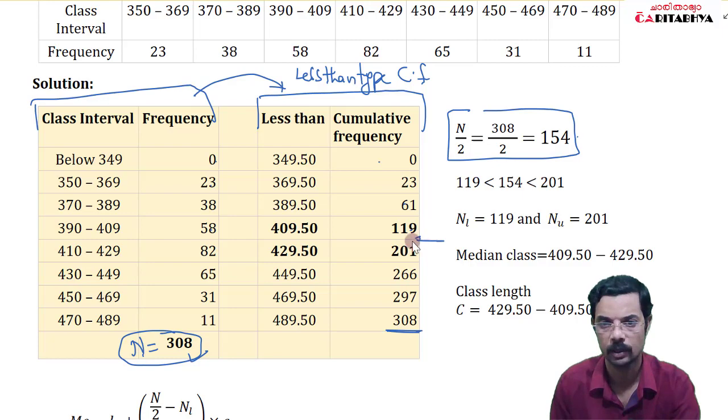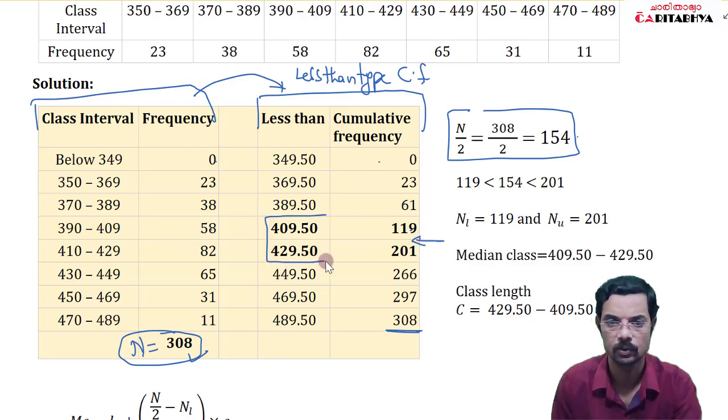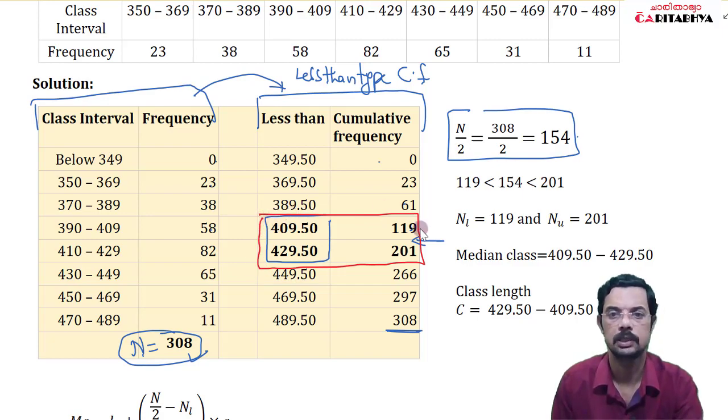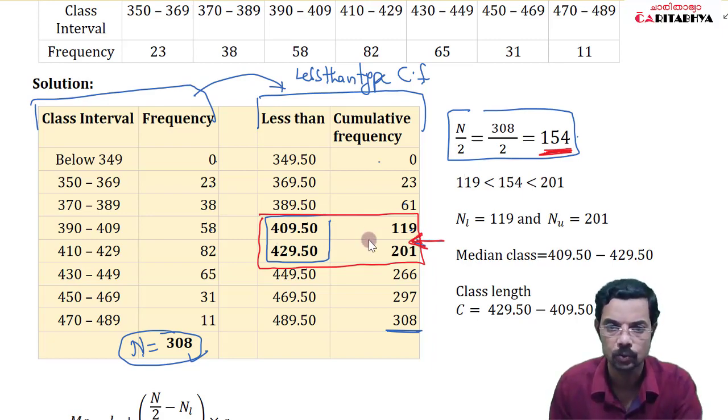So the median class is 409.50 to 429.50. We are going to focus on this region, and this is where the median lies. The median is the 154th observation, and it lies between these two values, 119 and 201.